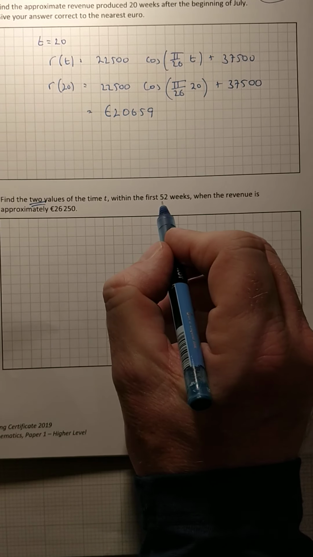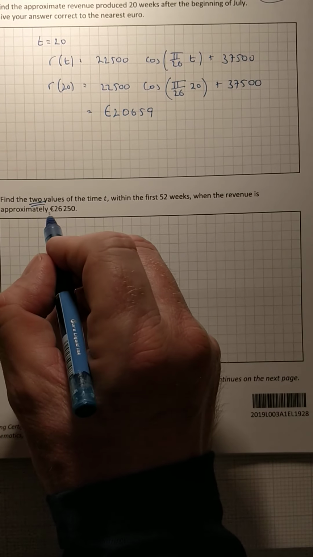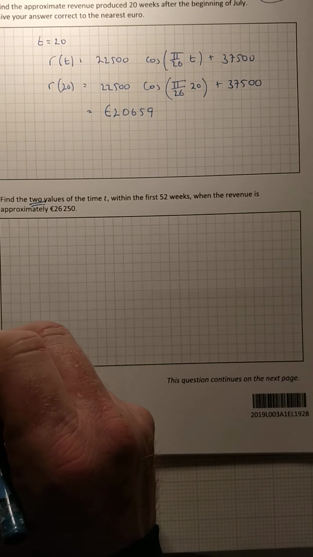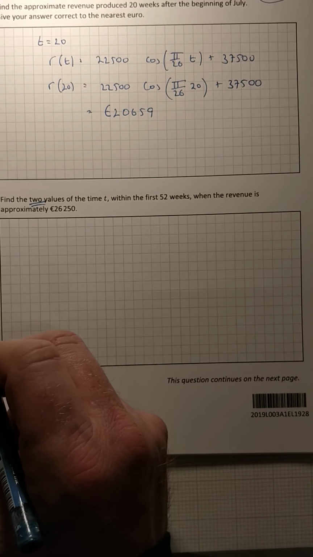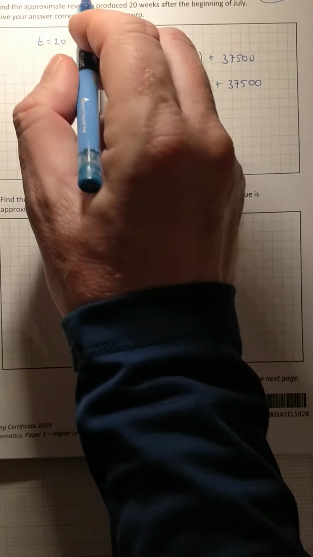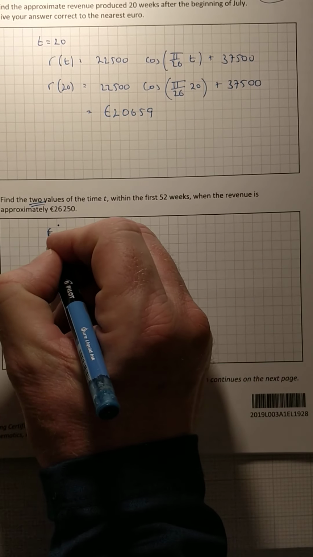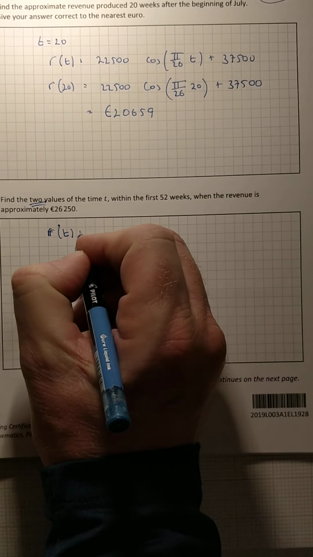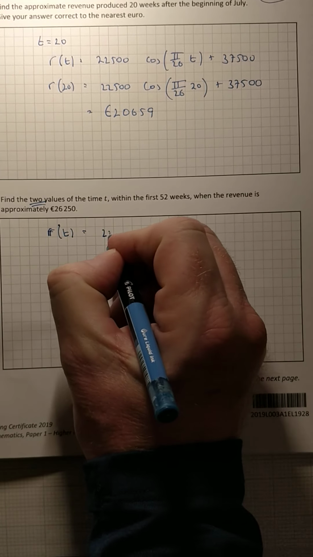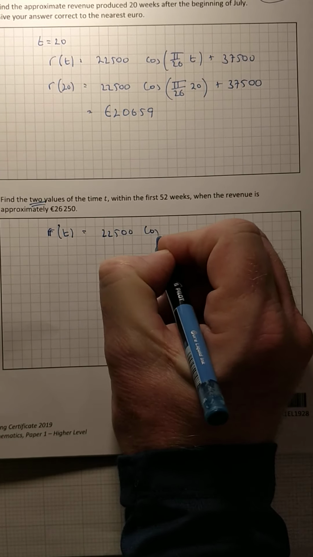Okay, so let's see how we start to find the two values we're interested in of the time t within the first 52 weeks when the revenue is approximately 26,250 euro. So we write down our R(t). We're looking for R(t) equals, so this is our formula again, our function.